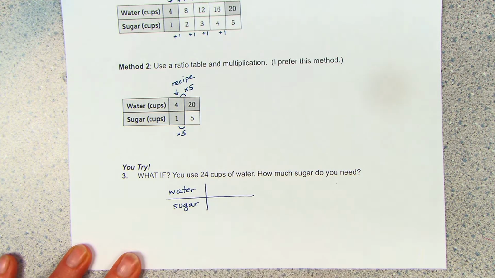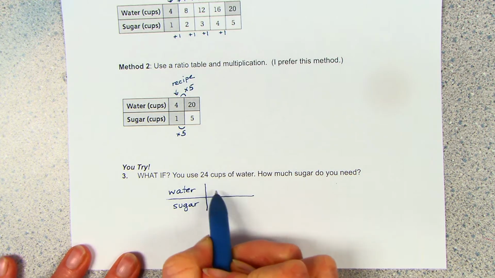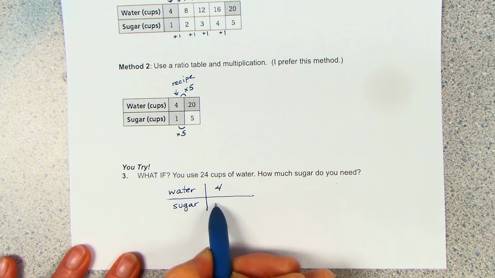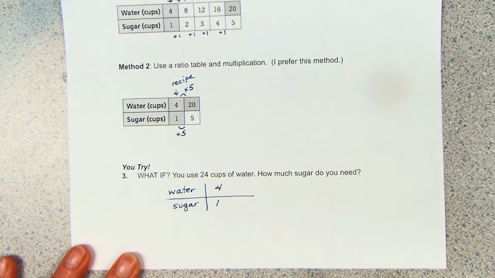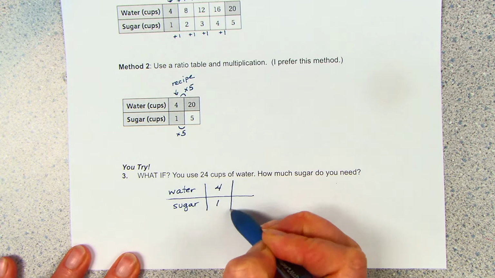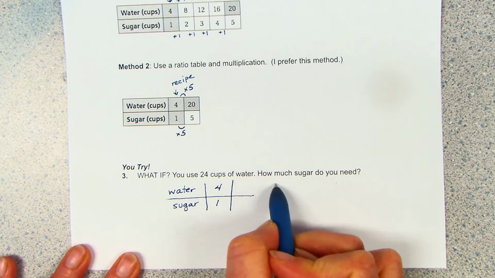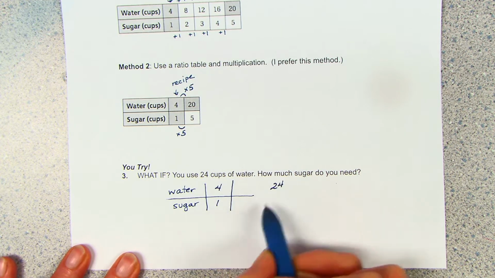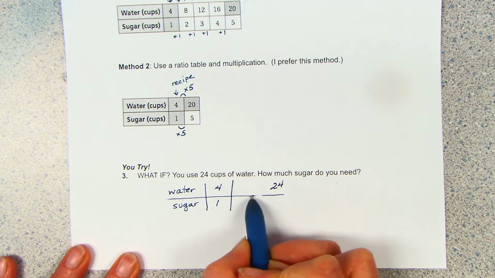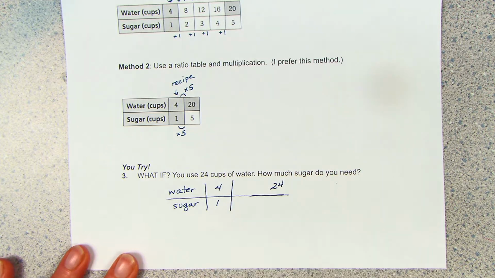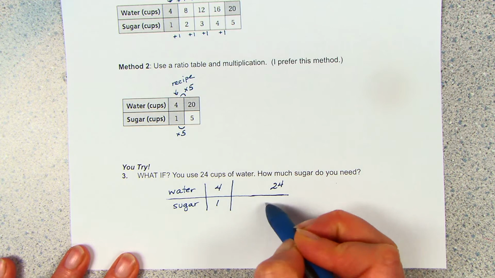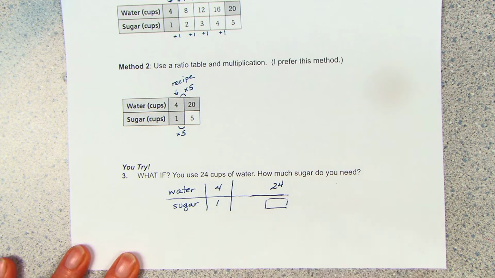You're using that same ratio of 4 parts water to 1 part sugar, and then you need to get to 24. So whether you do that in one step with multiplication, or whether you do the repeated addition to get out there to 24, you have to find that number, okay?